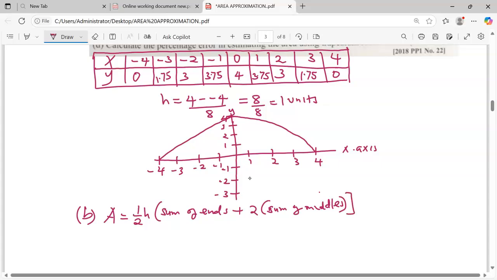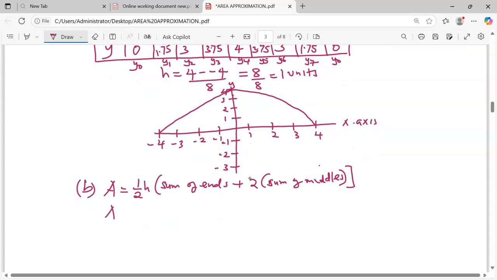Going back to the table, the first strip will be y0, the second one y1, y2, y3, y4, y5, y6, y7, and lastly y8. Therefore, our area is going to be equal to half times height, multiplied by the sum of the ends.